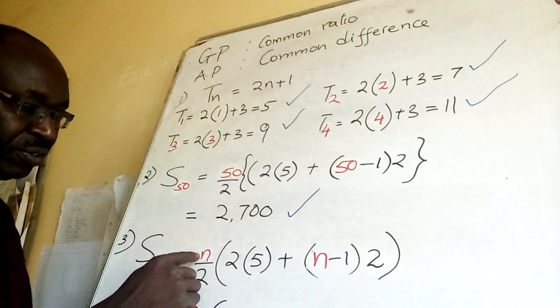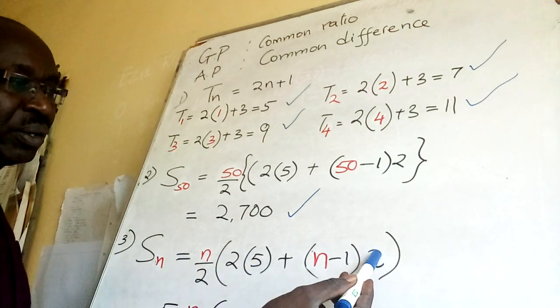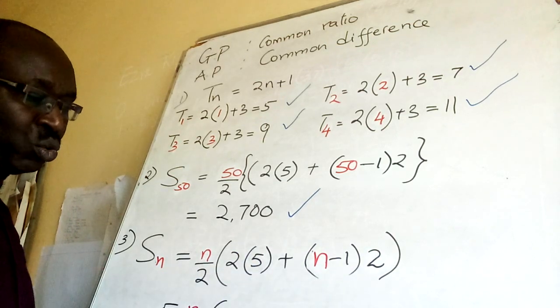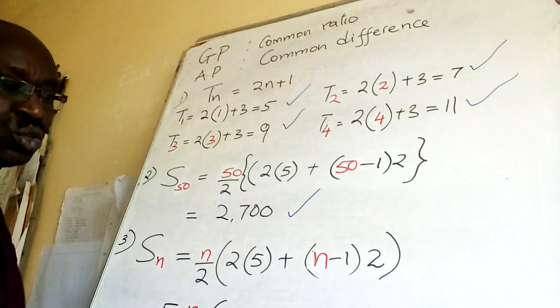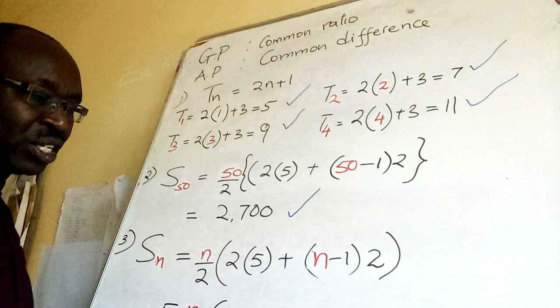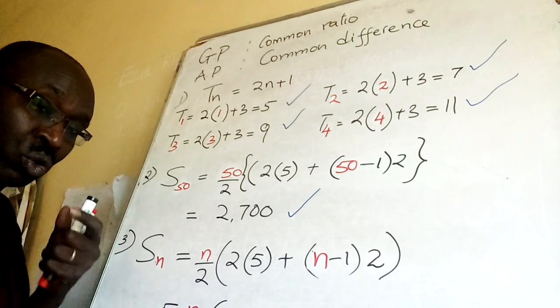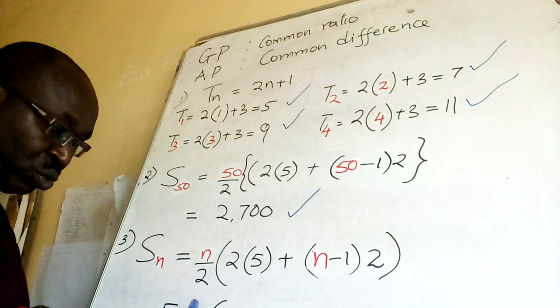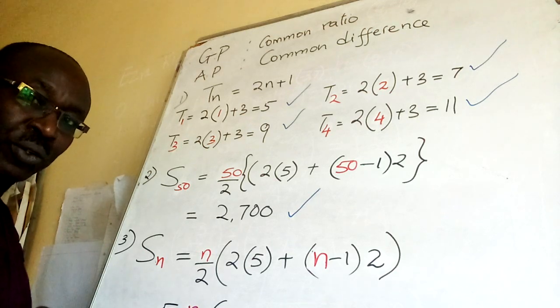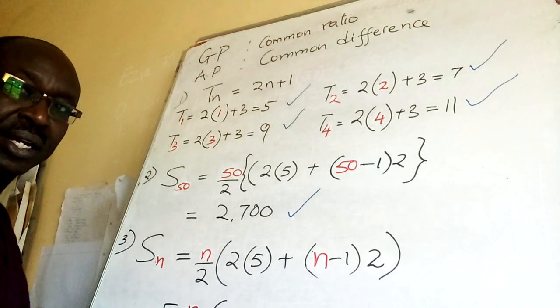I put 5. Then n minus 1 by 2. So maintain this first part. Of course, 2 by 5, you know, is 10. And then bring in 2n minus 2. So 10 minus 2 is 8. So this bracket is like 8 plus 2n. If you factorize 2, if 2 goes out, you will remain with 4 plus n.